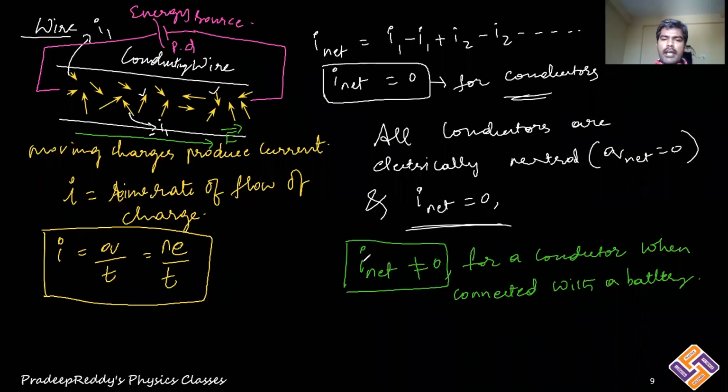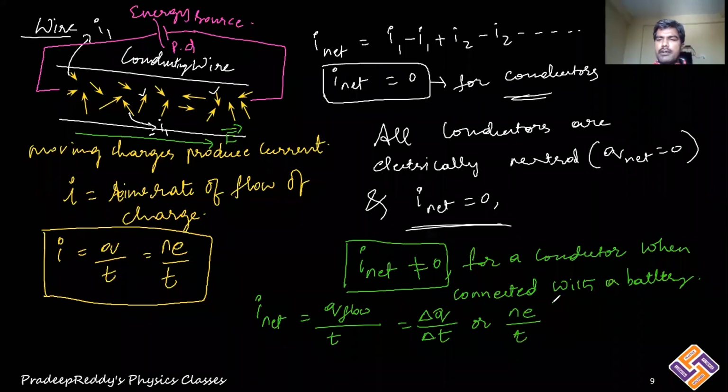So how do you calculate this net current? I net will be equal to the charge flowing within this particular conductor per unit time. You can write it as delta Q divided by delta T, or as NE divided by T, where NE is the total amount of charge flowing, N is the number of electrons or electron density, and E is the charge of the electron.